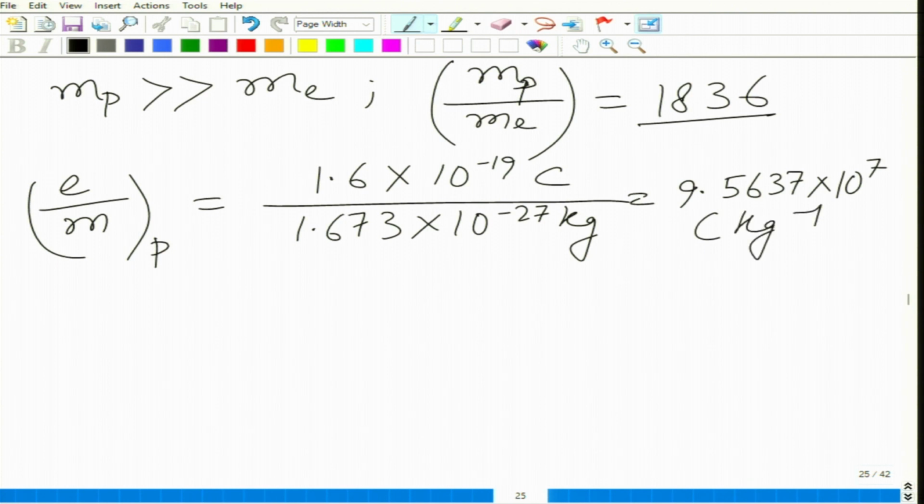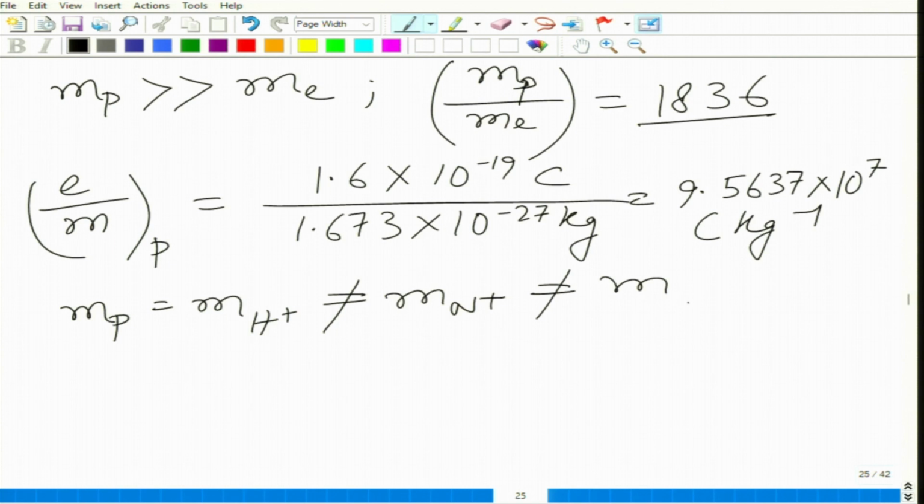This was the charge to mass ratio for a proton, and the important factor here was that the mass of the proton, the mass of the hydrogen ion, was not equal to the mass of N plus, not equal to the mass of O plus, and so on. Okay. So this was the conclusion from the anode ray experiment.